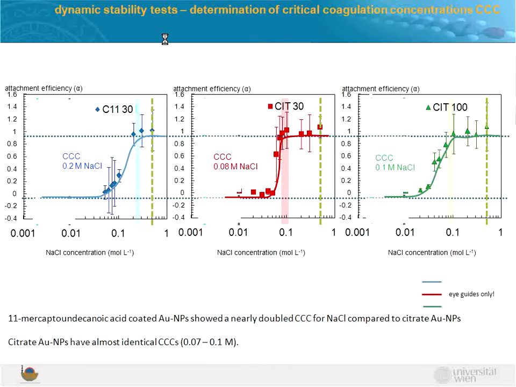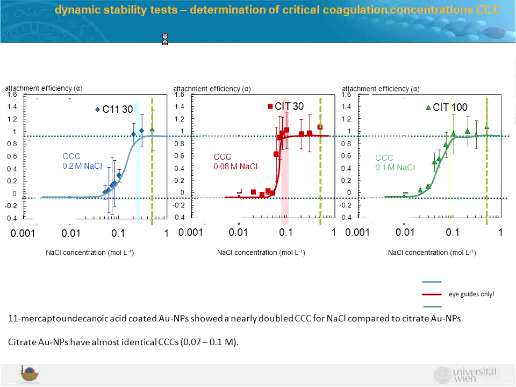We are then testing different sodium chloride concentrations with respect to the attachment efficiency. The attachment efficiency is 1 here at the very highly destabilized conditions, and it's 0 here when the particles are stable. And from this, at an attachment efficiency of 1, we determine the critical coagulation concentration for sodium, for the citrate stabilized 30 and 100 nanometer particles, and for the mercaptoundecanoic acid 30 nanometer particles.